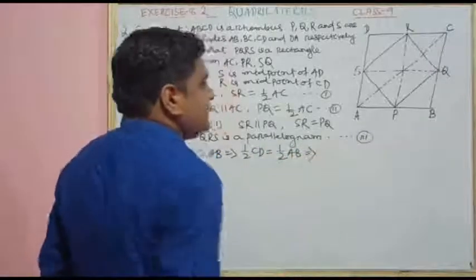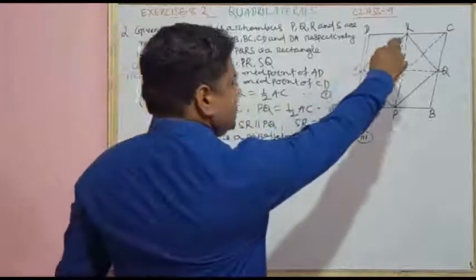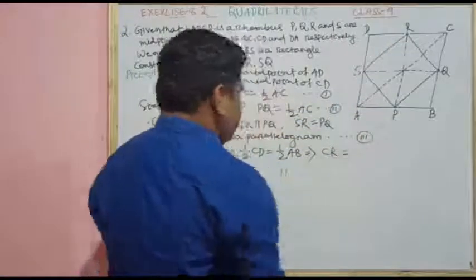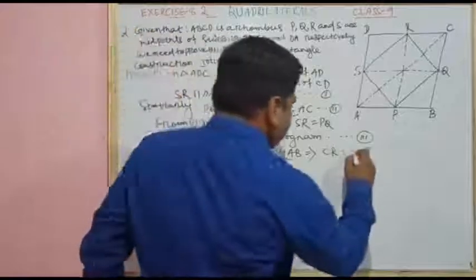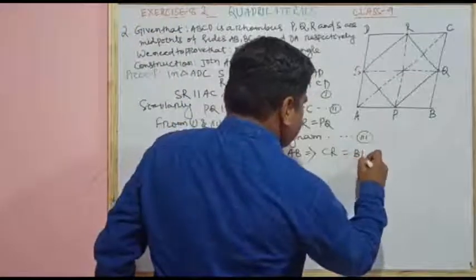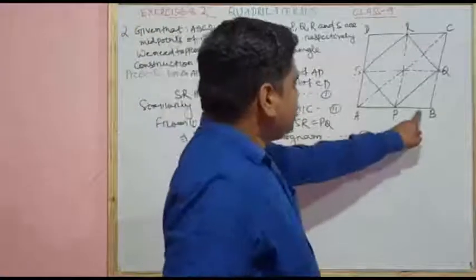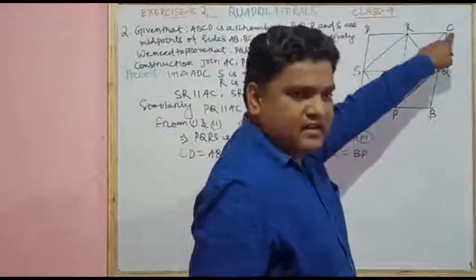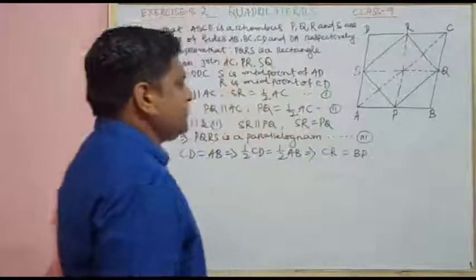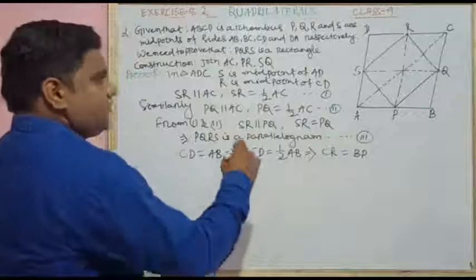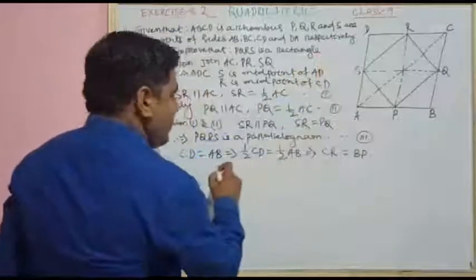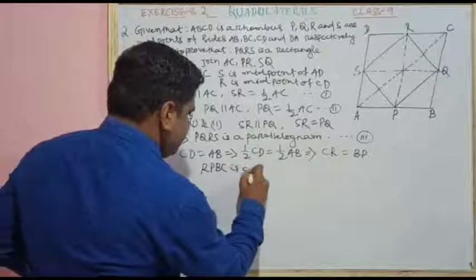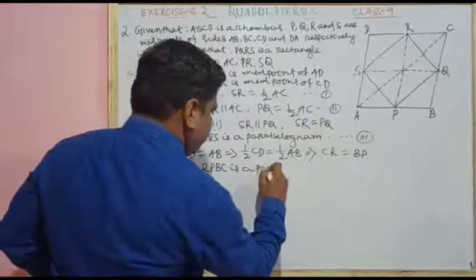Half of CD is CR and half of AB is PB or BP. So the opposite sides of the quadrilateral RPBC are equal and parallel, hence RPBC is a parallelogram.